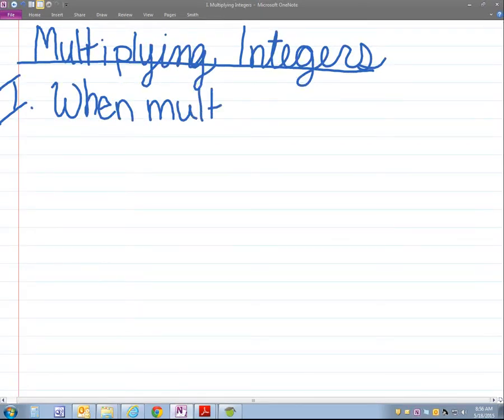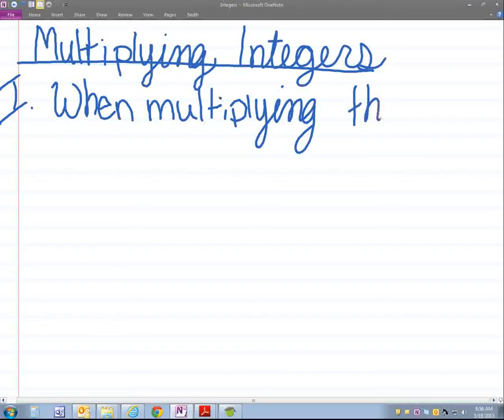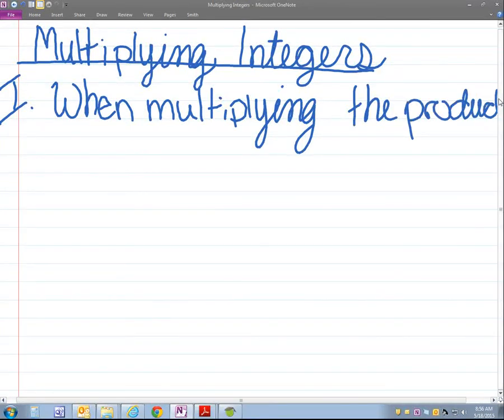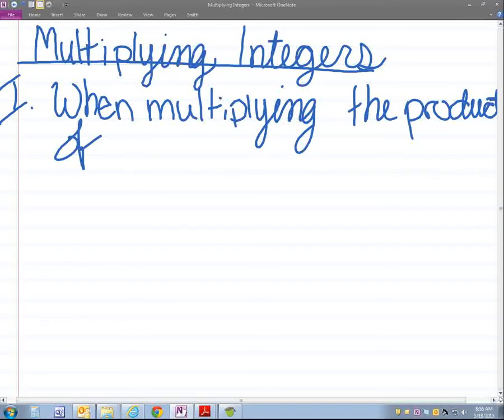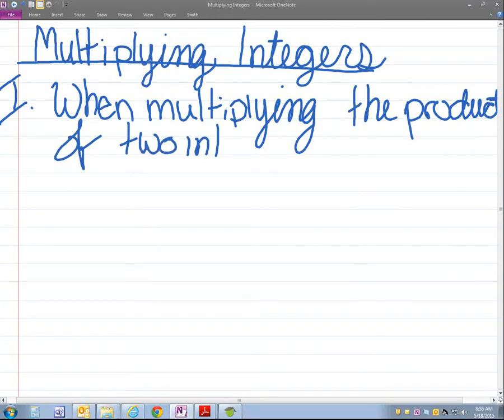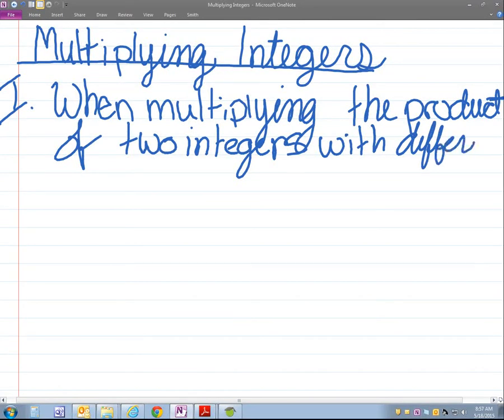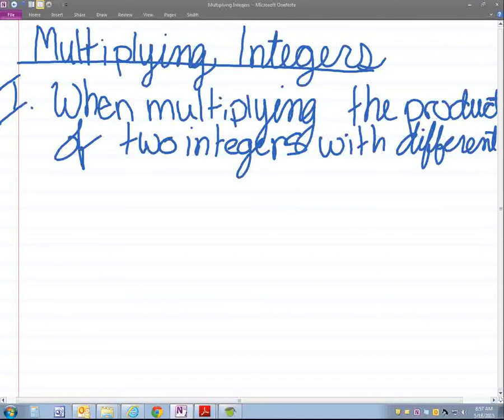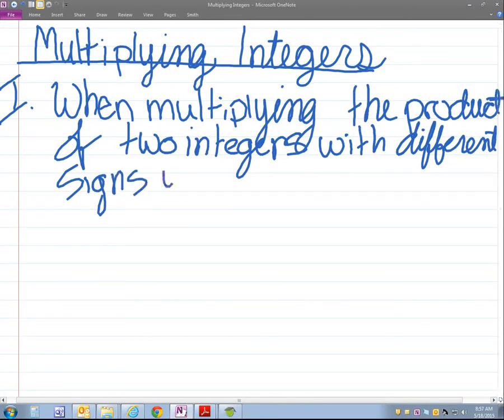When multiplying, the product of two integers with different signs will be negative.